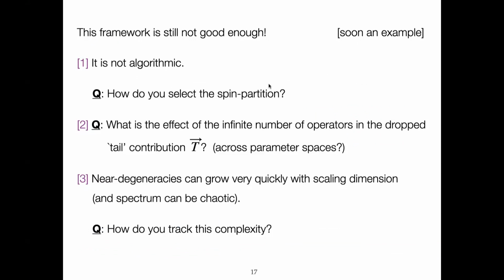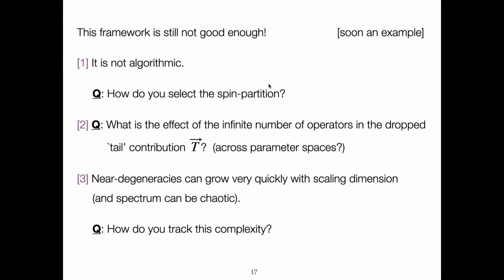Maybe you can justify dropping the tail, say, at small coupling if you have some parameter, some coupling, but then as you change the coupling, the tail contribution becomes large and you have to include more operators. I mean, how do you know? The third question is, if you try to include, say, some gauge theory and start enumerating operators, as you go up in scaling dimension, the number of operators very quickly grows.